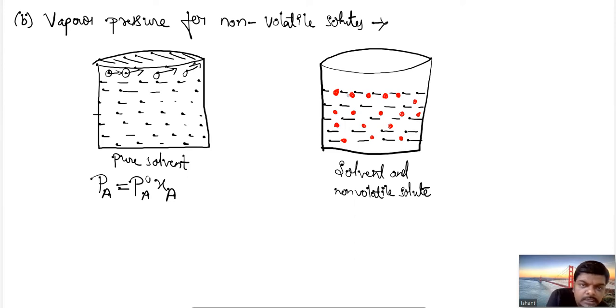But in this condition, which is also a closed lid, non-volatile solutes are present, so they will decrease the vapor pressure.